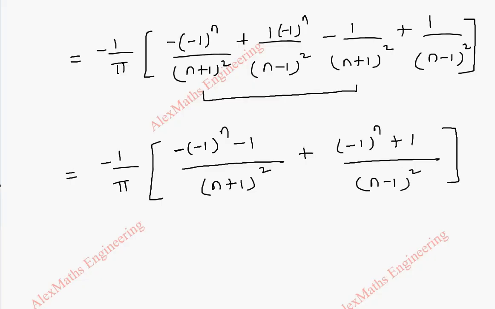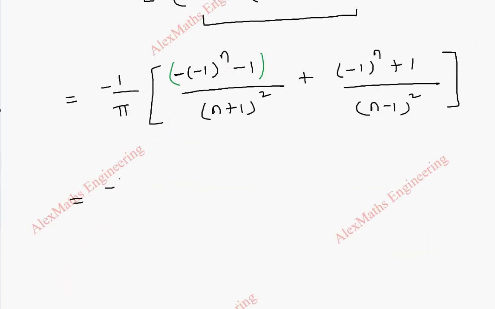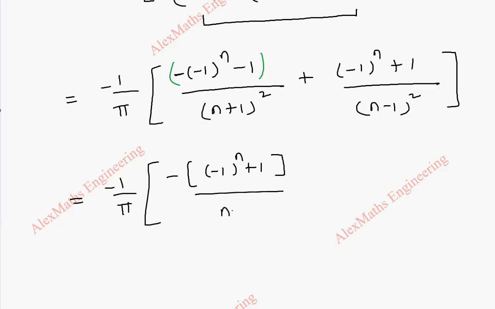From this term we can take the minus sign common. So when the minus sign is common, it will become (-1)^(n+1)/(n+1)², and here (-1)^(n+1)/(n-1)².